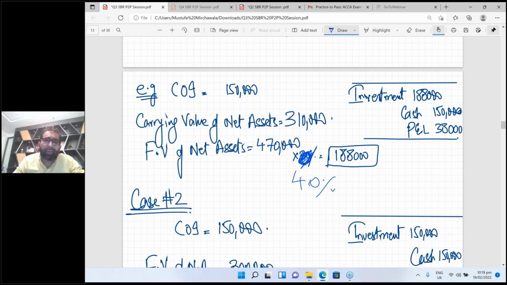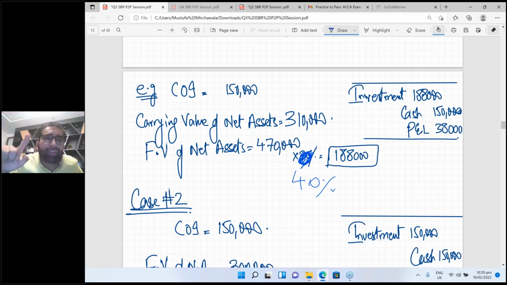My dear student, yes, in your kit you have studied this thing. I agree. But the problem is, in the exam kit question, there is one assumption that your cost of investment is exactly equal to your share of fair value of net assets of associate.